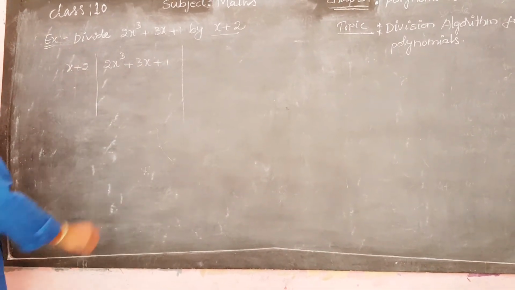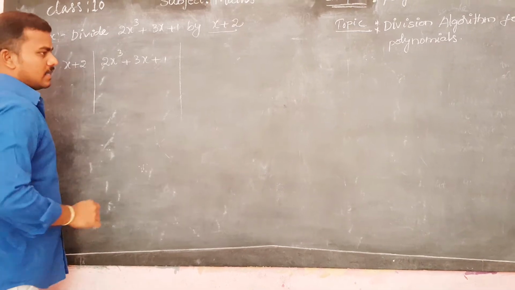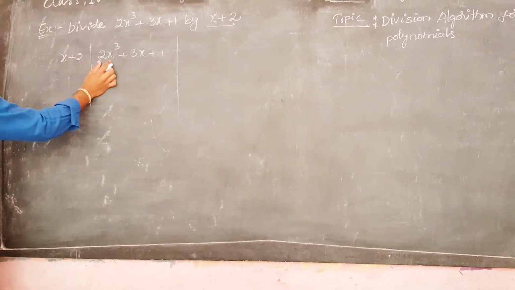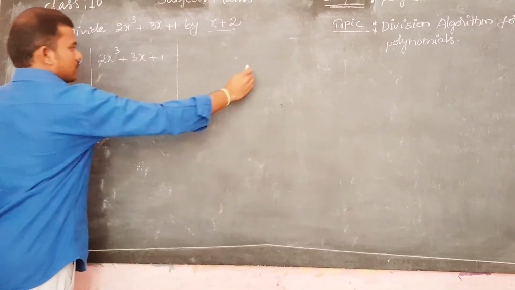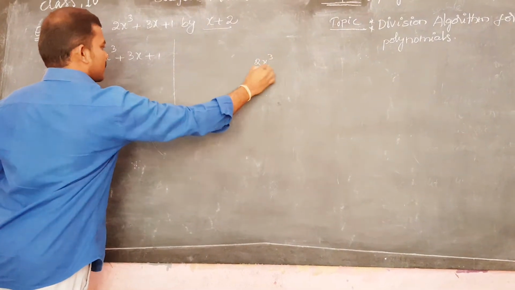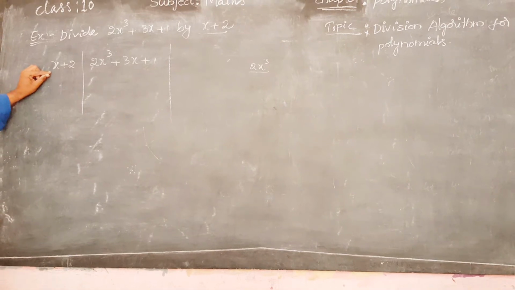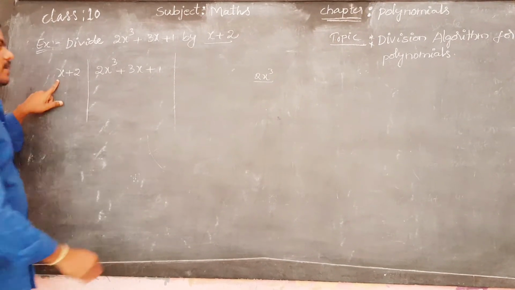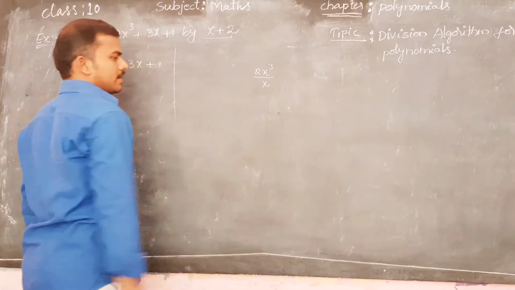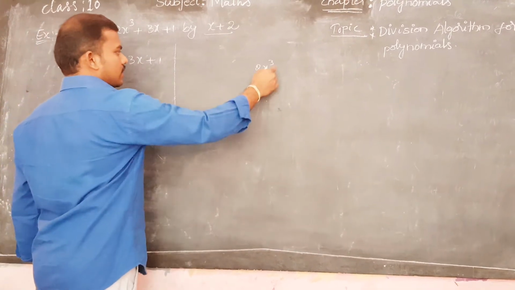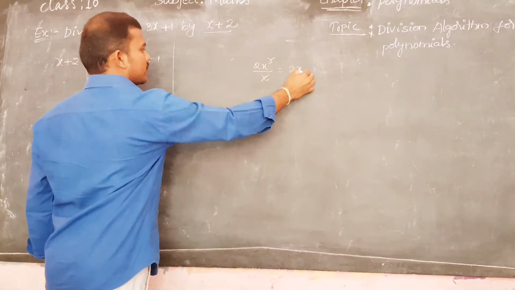In the dividend the highest degree term is 2x cube. We divide 2x cube by the highest degree term in the divisor, that is x. Here x and x cancel, we get 2x square.